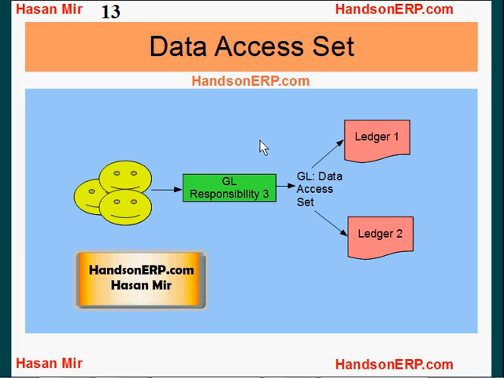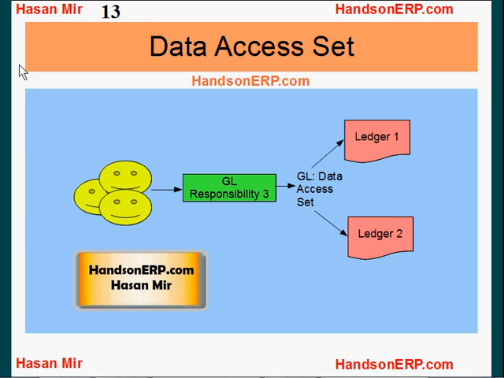So you always have one data access set available in the system for each ledger, but there may be a scenario where you want to group more than one ledger in one data access set, and that scenario would be, for example, a third group of users who want to have access to both the ledgers using one responsibility.